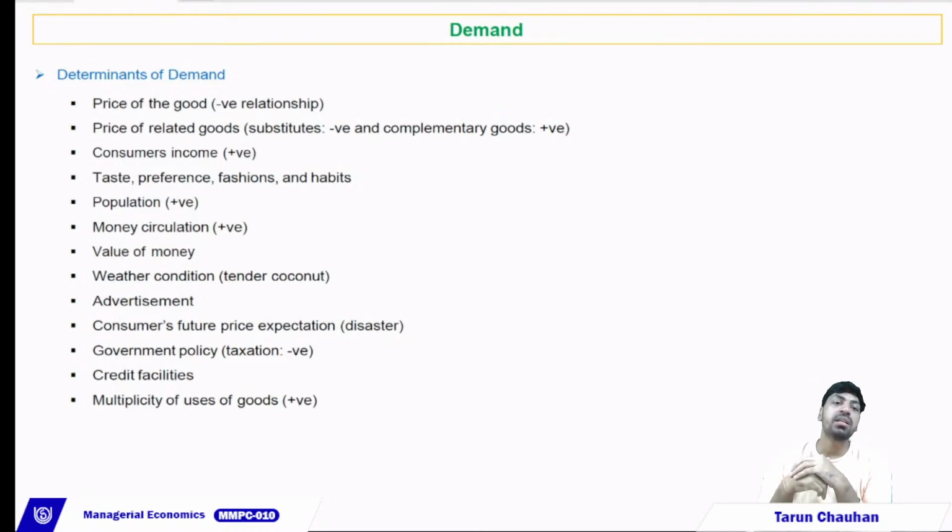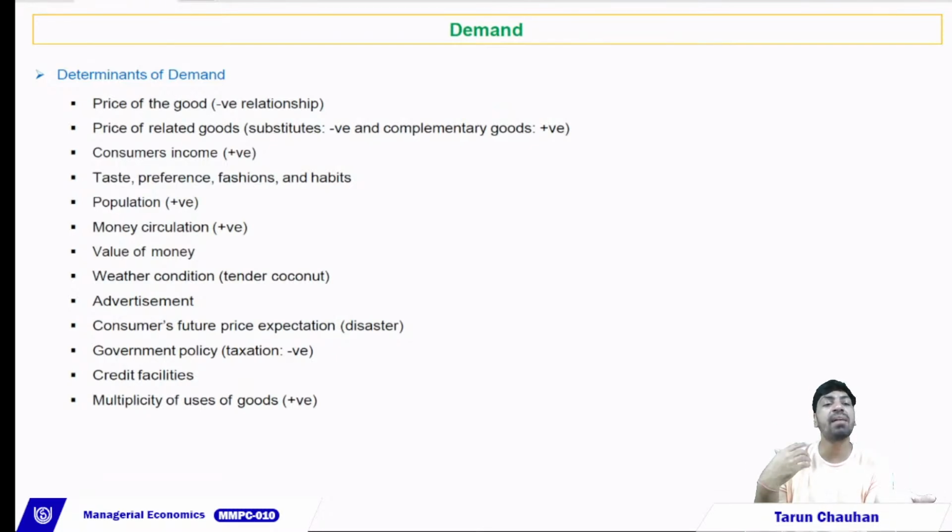The next one is consumer income. As I already indicated, it's a positive relationship. Why is it positive? Because the demand for a good by a consumer increases according to the increase in their income.